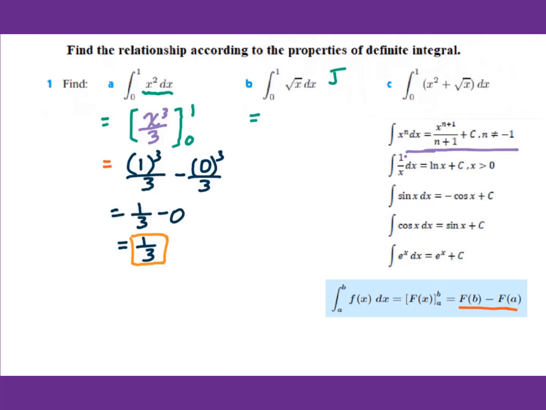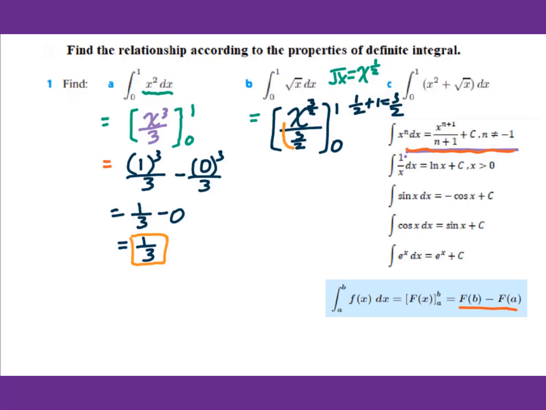As we know, square root of x we can write as x to the 1/2 power. According to this formula, you will get x to the 3 over 2, over 3 over 2, because 1/2 plus 1 equals 3 over 2, then from 0 to 1.